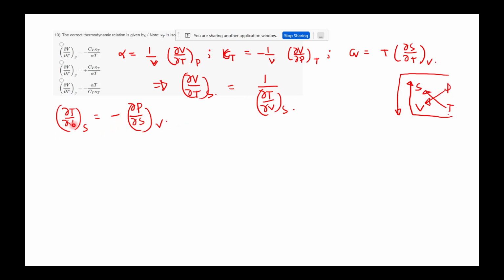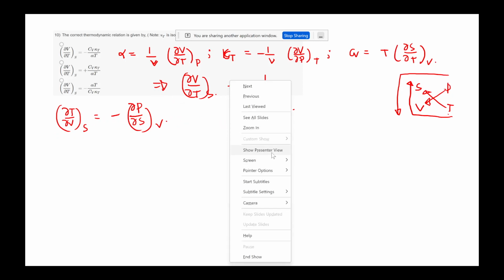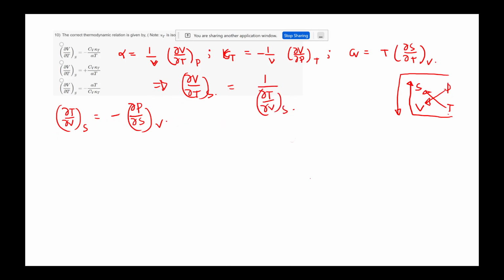This is just the minus sign I took here. Now using the chain rule and Jacobian, solve it.